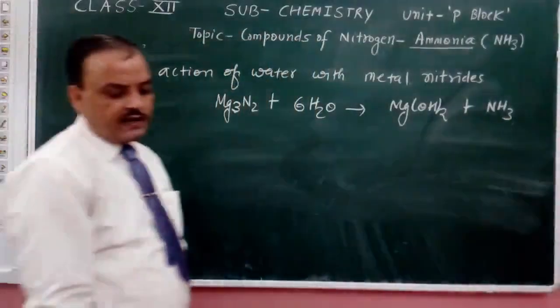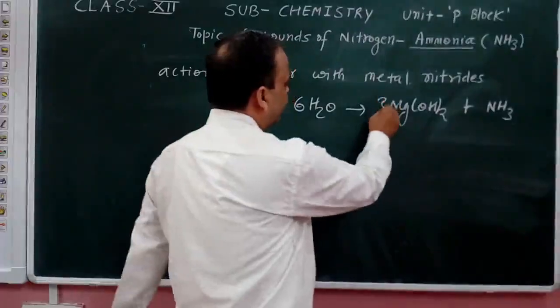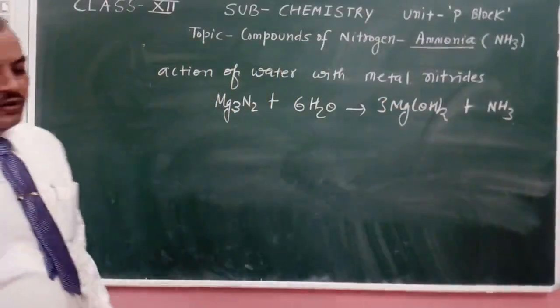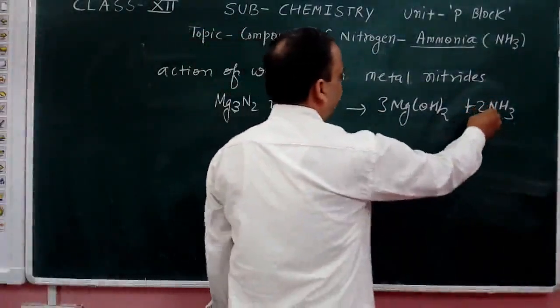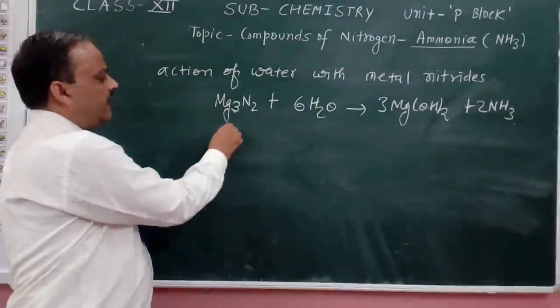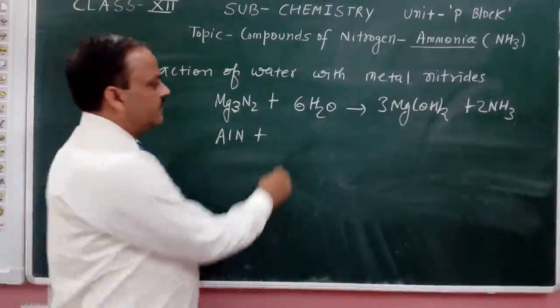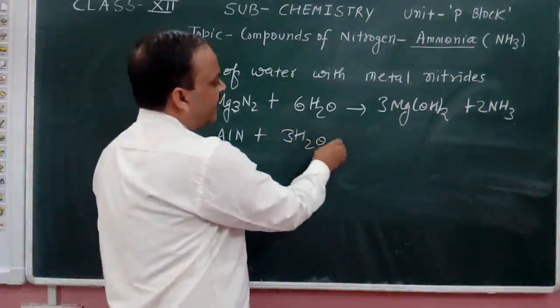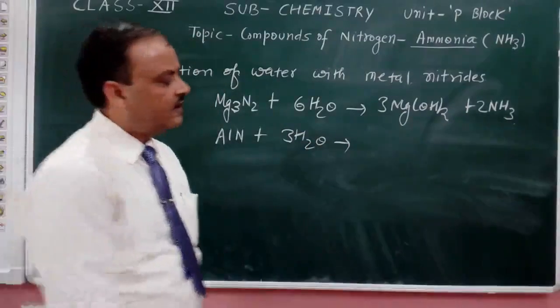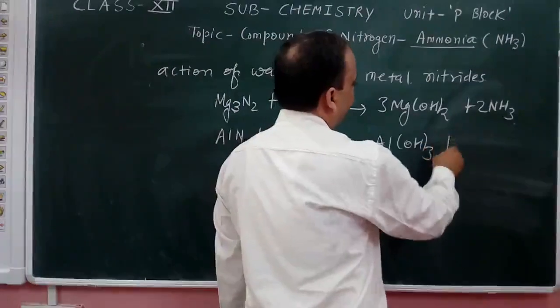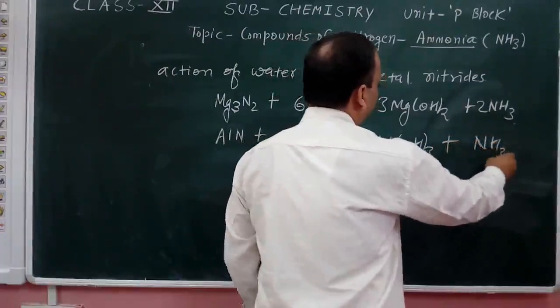So by reacting with metal nitrides, we may easily get ammonia. Another example: if we react aluminium nitride with water, again we get ammonia and aluminium hydroxide.